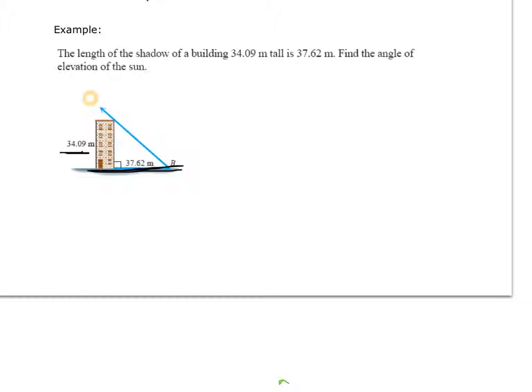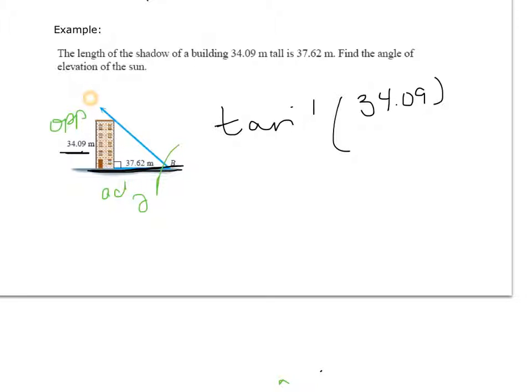So here's our angle, which is B, and we have opposite over adjacent. So that's going to be tangent inverse of opposite 34.09 over 37.62.